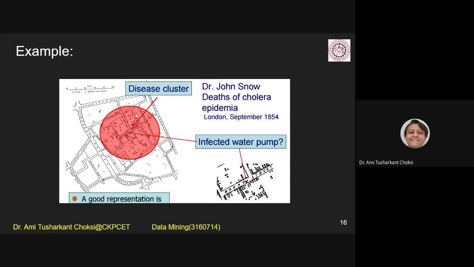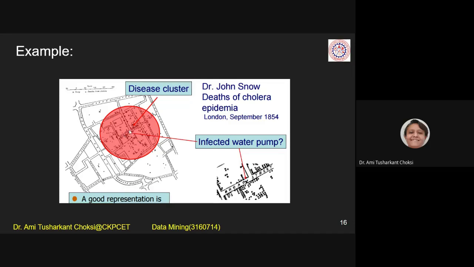In this particular region the cholera is there, right? What we found was that an infected water pump was there. What was the problem in this particular area? The infected water pump, and because of this the cholera spread in this particular cluster.